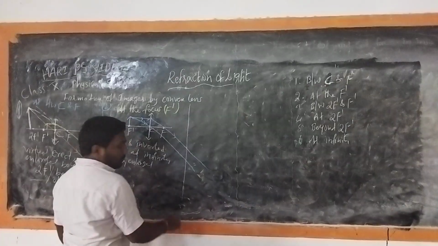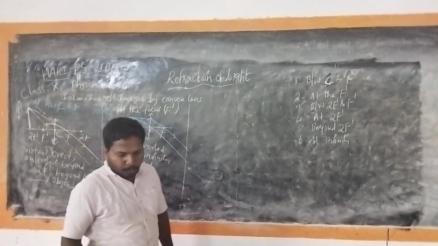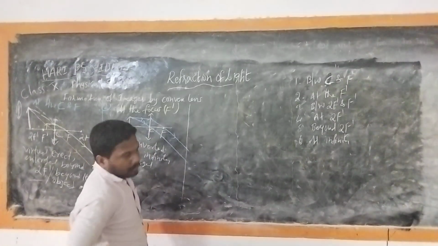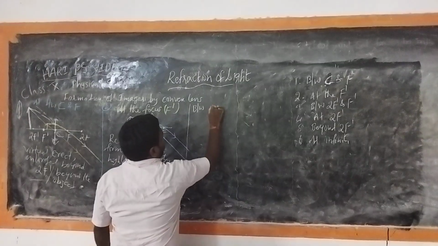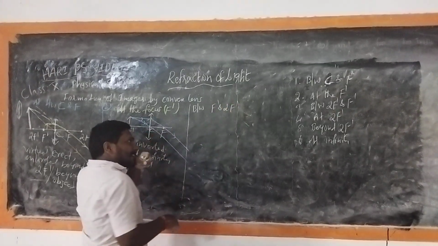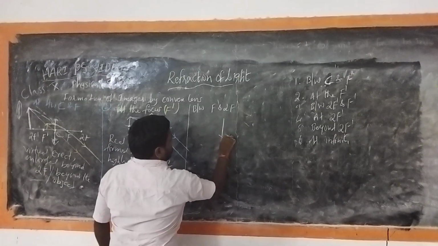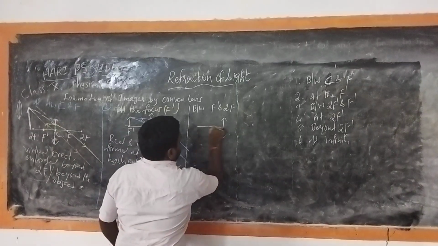Then coming to the third one, where? Between 2F and F. So now between F dash and 2F dash. Convex lens.